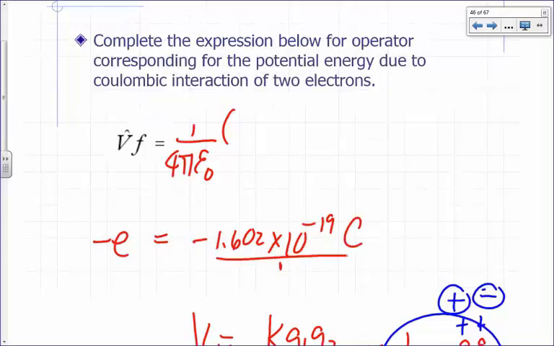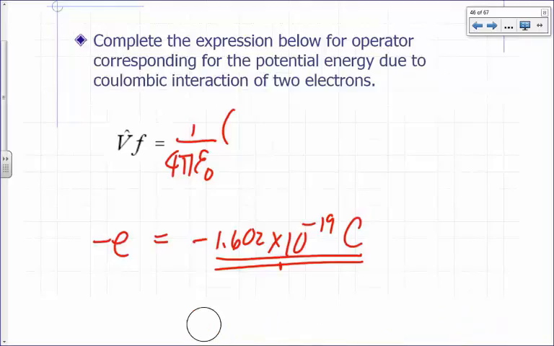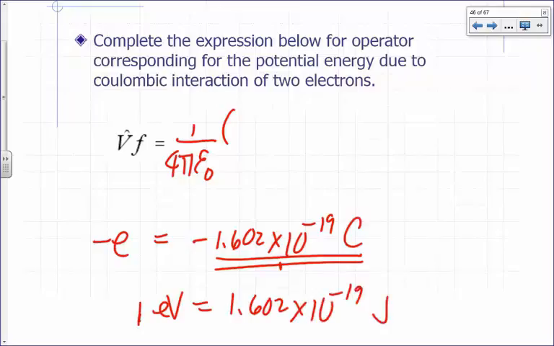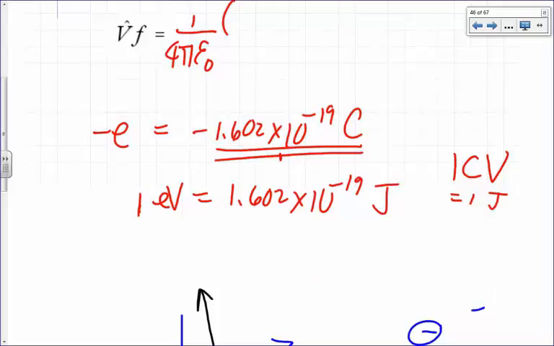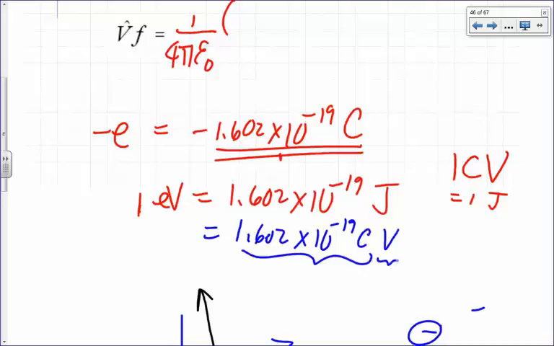So that's the value of E. And that's why an electron volt, if you accelerate an electron through a potential of 1 volt, 1 electron volt, if you remember, was 1.602 times 10 to the negative 19 joules, right? 1 coulomb volt is 1 joule. So that's just a good way to remember the conversion from electron volts to joules. So that's 1.602 times 10 to the negative 19 coulomb volt. It's the charge of an electron times 1 volt is 1 joule.